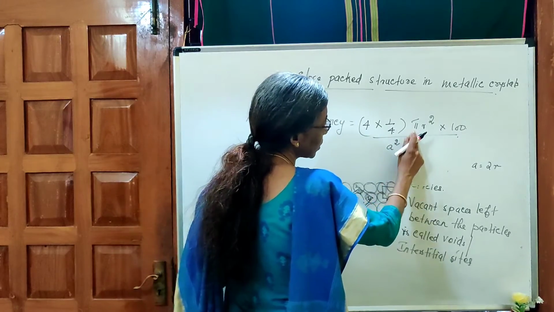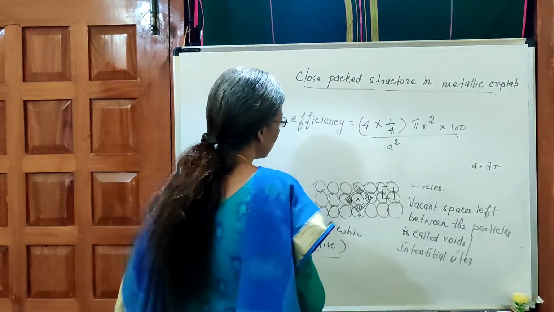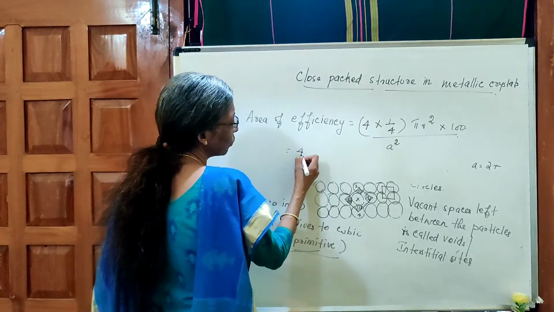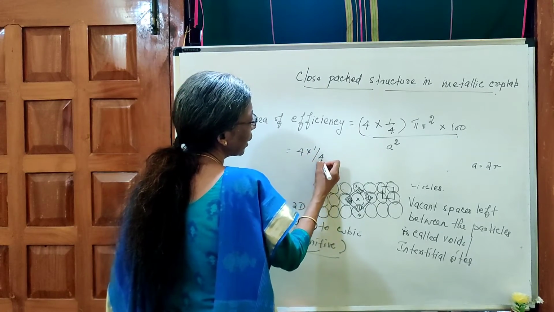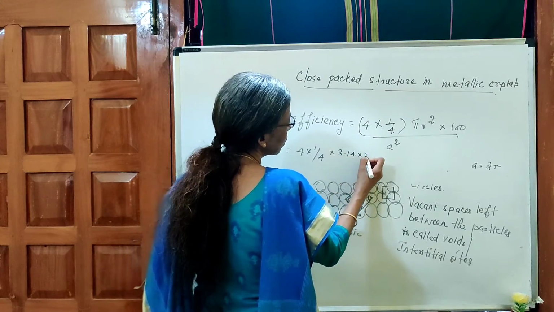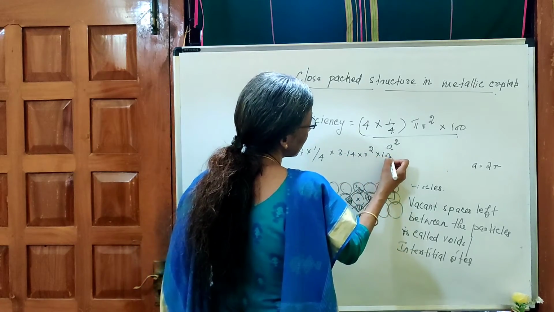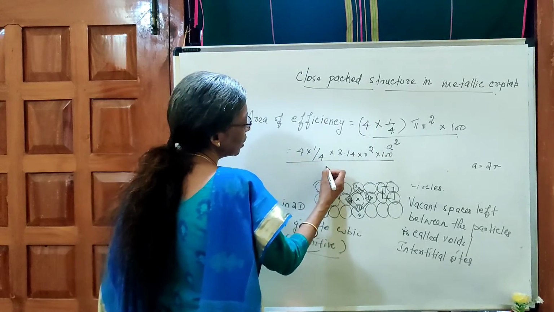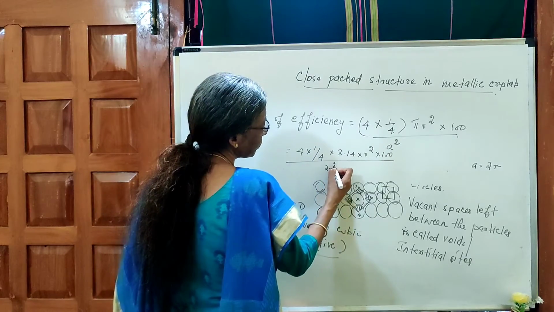Then circle pi r squared into 100. So how will you write this? It is equal to 4 into 1 by 4 into 3.14 into r square into 100 divided by (2r) square.